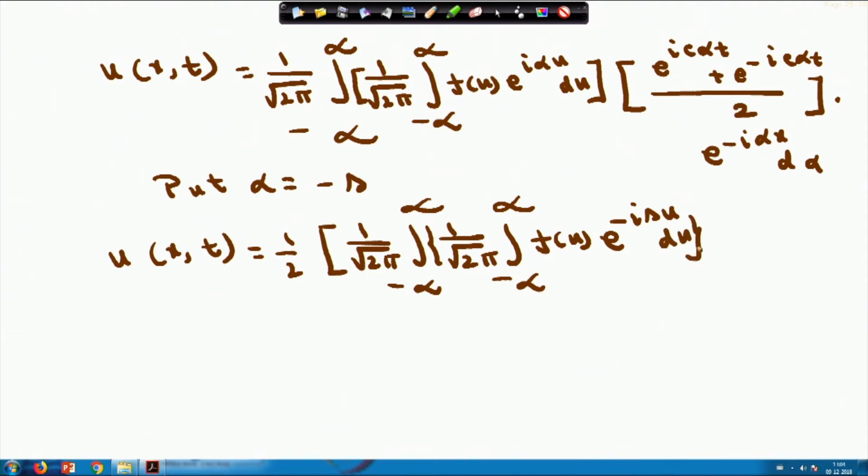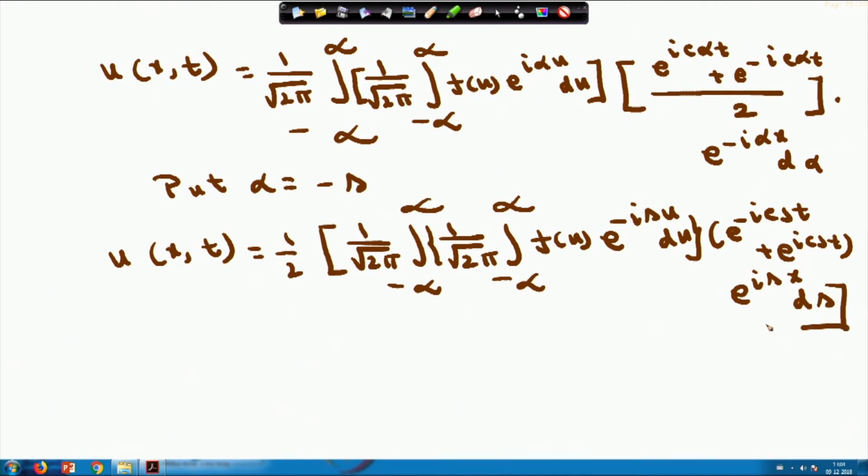Into these two terms, that is e power minus I c s t plus e power I c s t, into e power I s x into d s, d alpha will become d s. So, I am getting this.